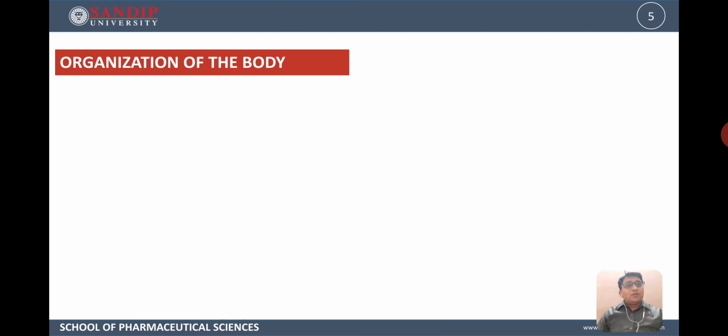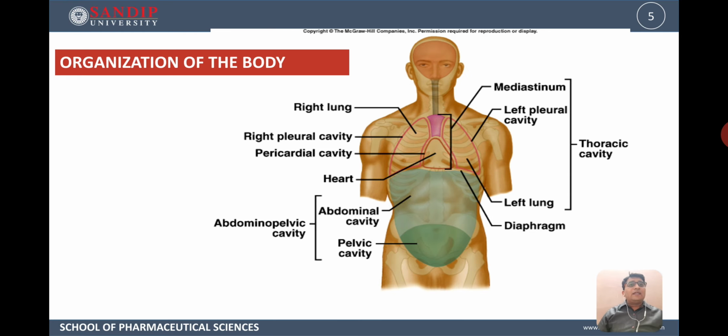Then in the next figure you can observe the right lung, the mediastinum, the left pleural cavity, right pleural cavity, pericardial cavity, and the heart.